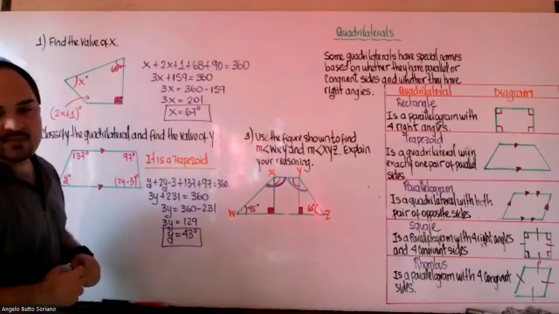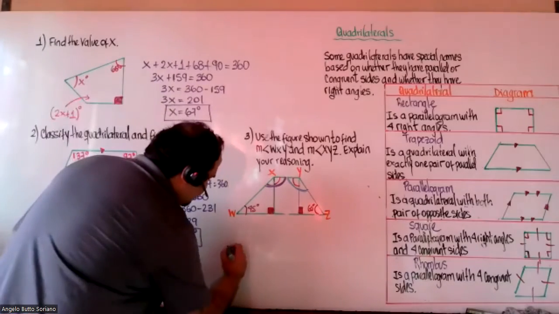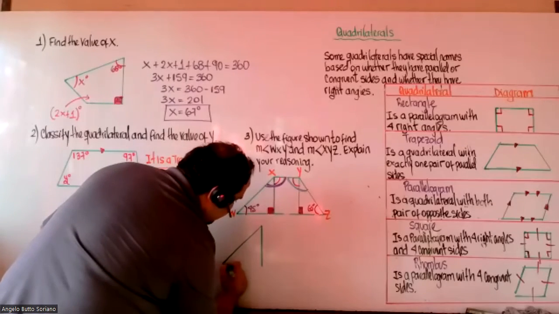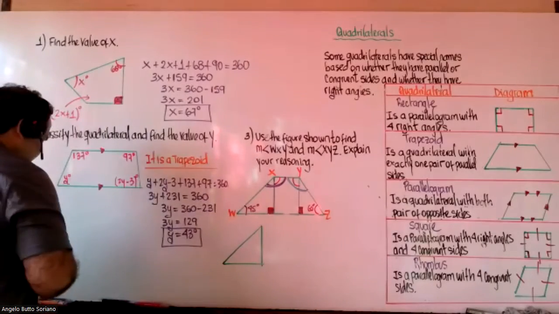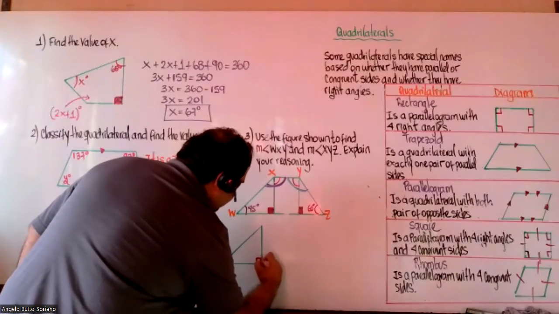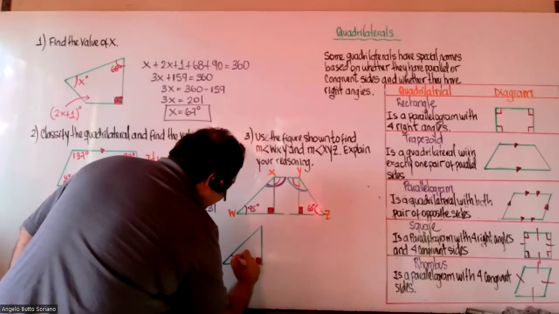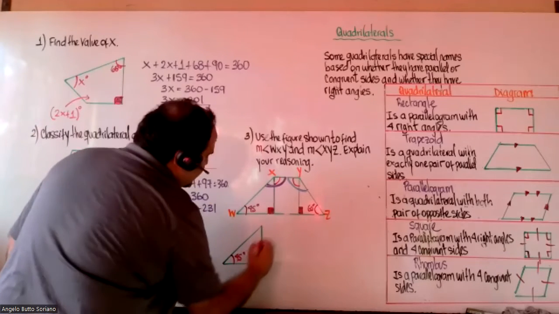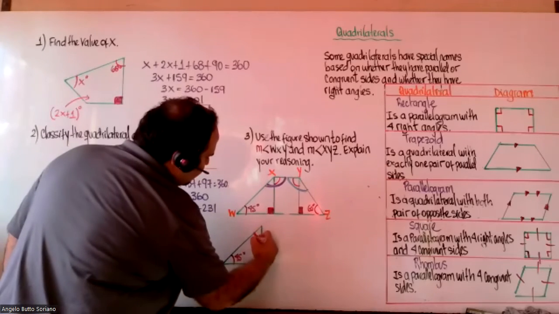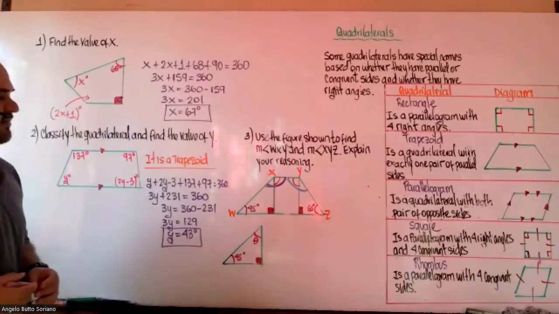I mean, we can have the first triangle. Once again, let me show you what will be the measure for the first triangle. We have obviously the 90 degrees over here. We have 45 degrees, and we really need to know the measure of this angle. We call this angle theta, okay?